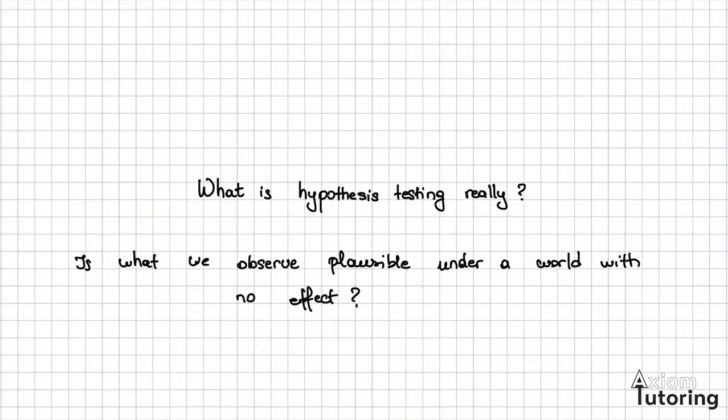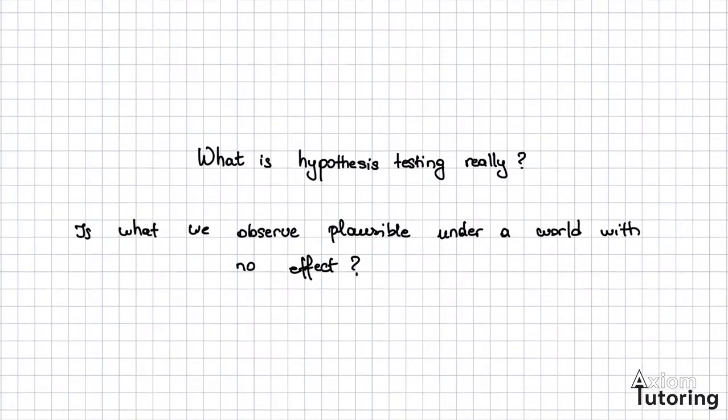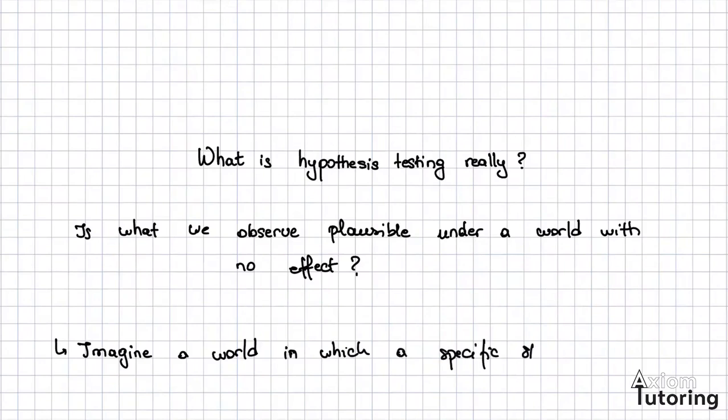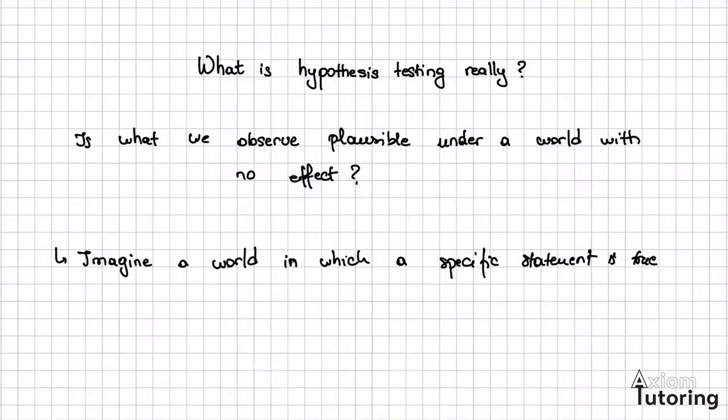Think of hypothesis testing as a thought experiment and start from the statement. Imagine a world in which a specific statement is true. This specific statement is what we will call the null hypothesis.